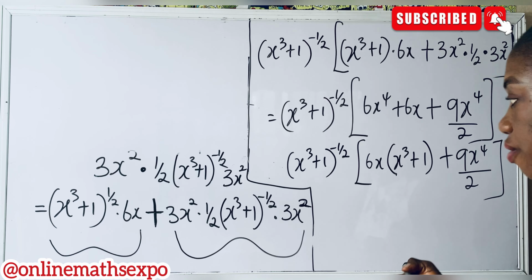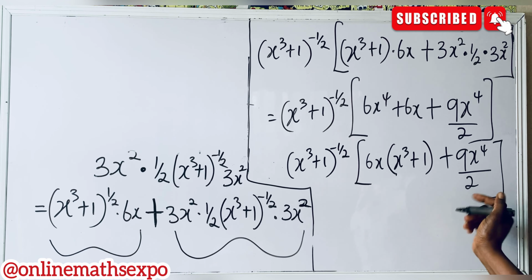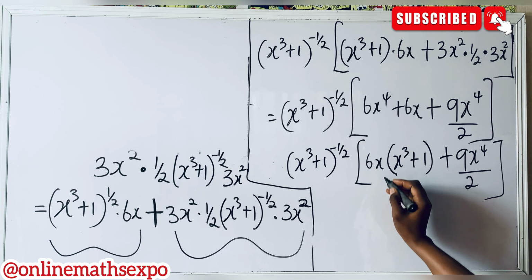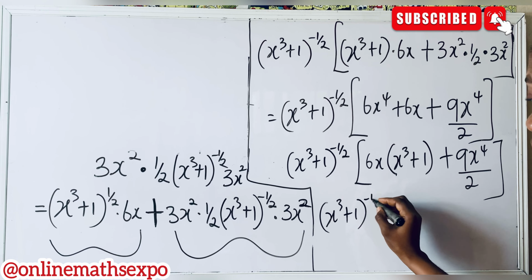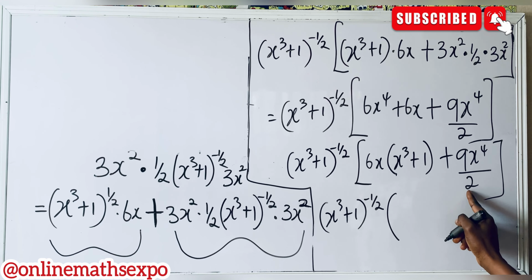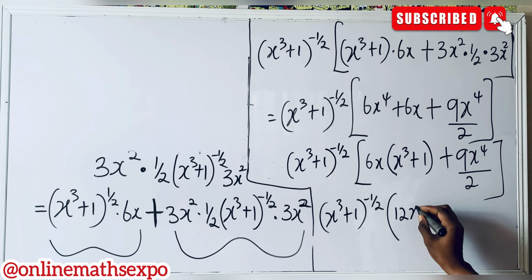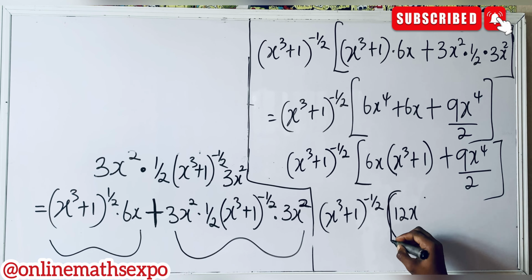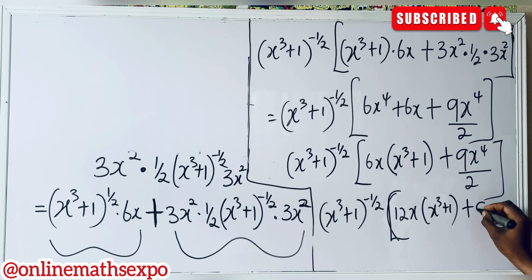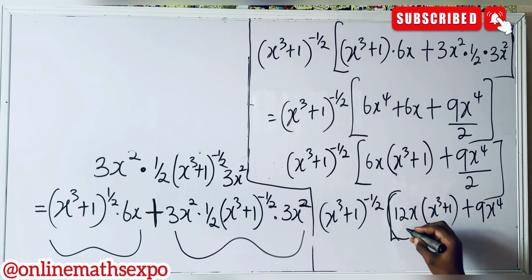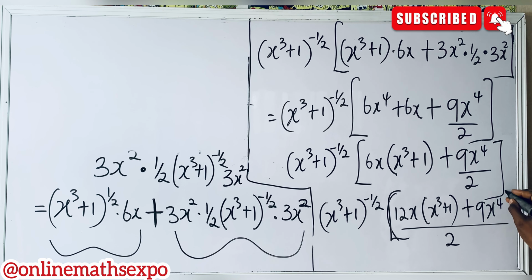Now, to simplify, you can use these two to multiply this, and that will give us x cubed plus 1 to the power of negative half into, 2 multiplies this will give us 12x into x cubed plus 1, then plus 9x to the fourth. Everything is all over 2. I hope you've seen what we did there.